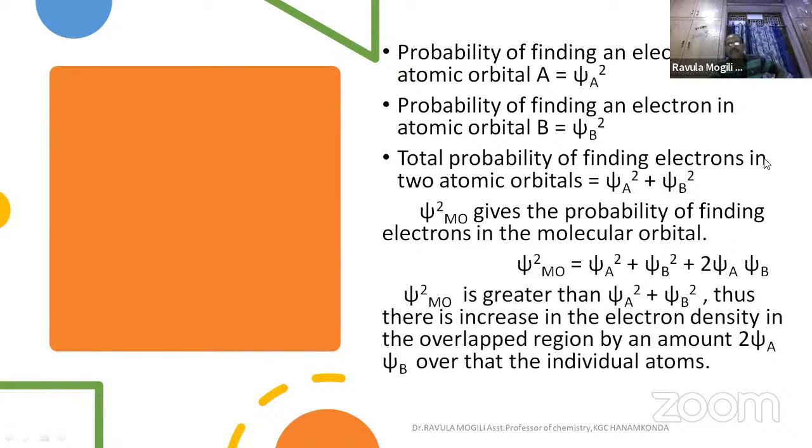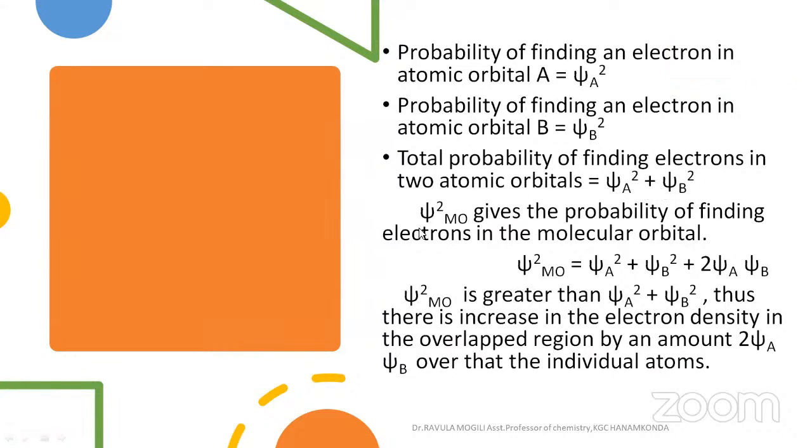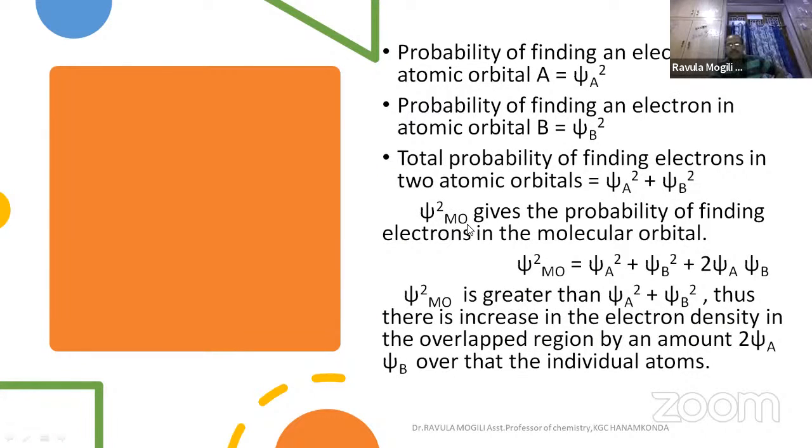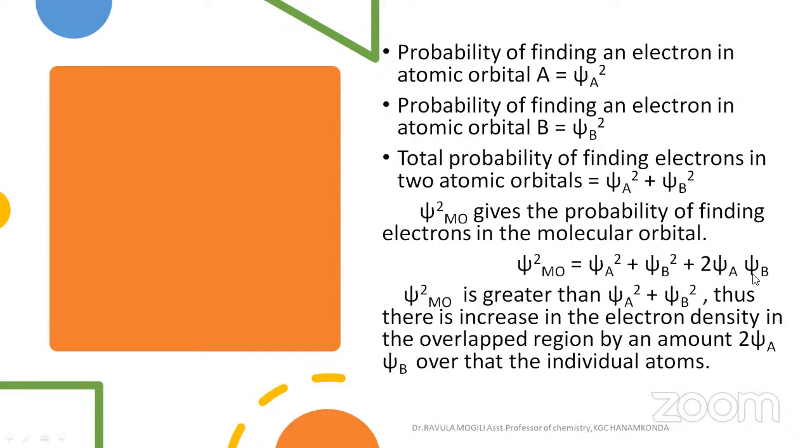The total probability of finding an electron in the two atomic orbitals is psi A square plus psi B square. So here psi square of the molecular orbital gives the probability of finding the electron in the molecular orbital. Psi square MO is equal to psi A square plus psi B square plus 2 psi A psi B.